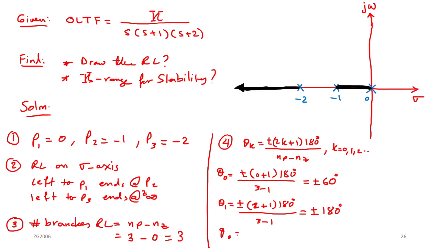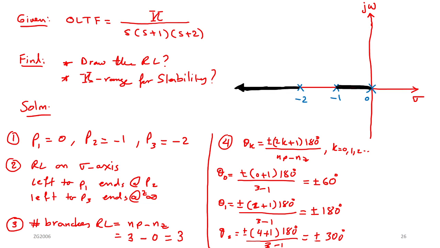Theta 2, plus or minus, how much theta 2? 2 times 2, 4 plus 1 times 180 degrees divided by 3 minus 1, equal to, I think it's going to be 300 degrees.